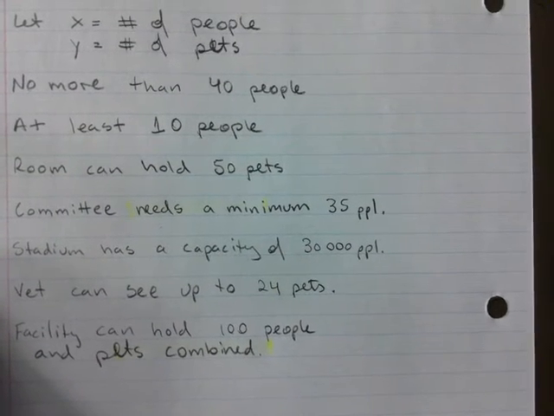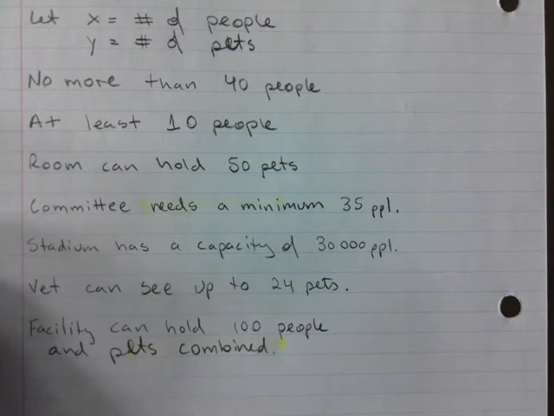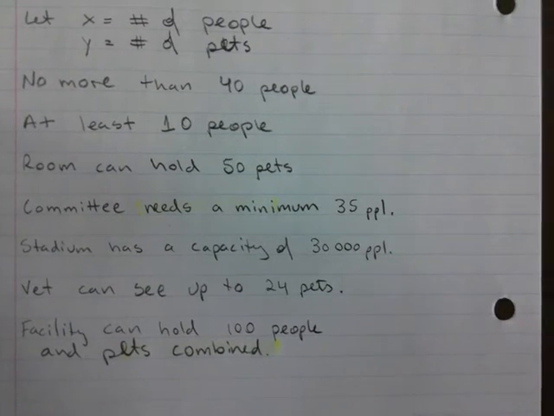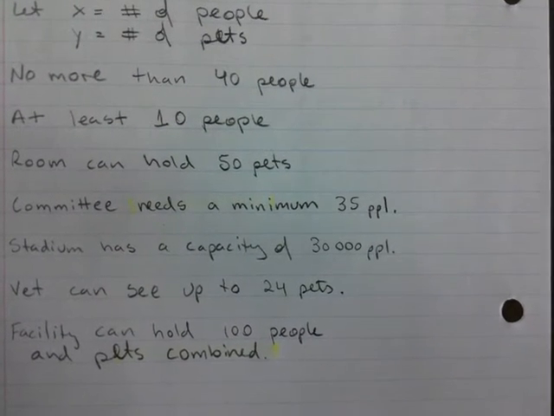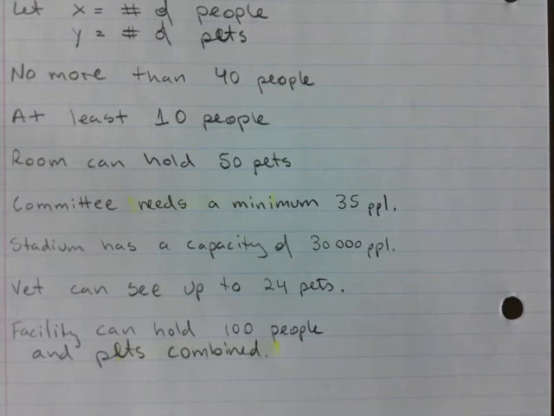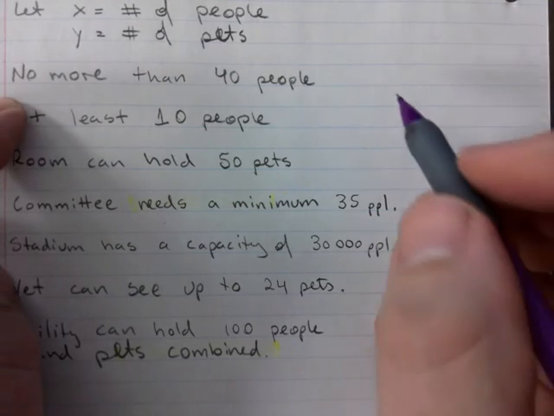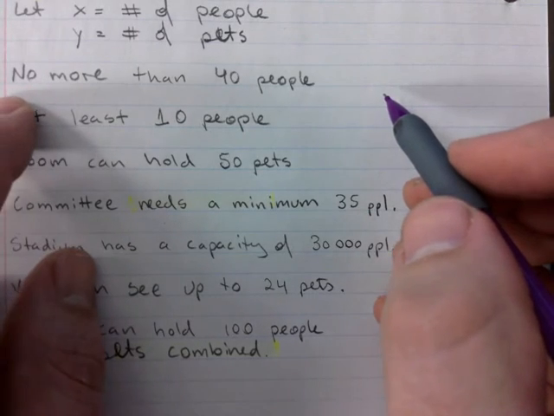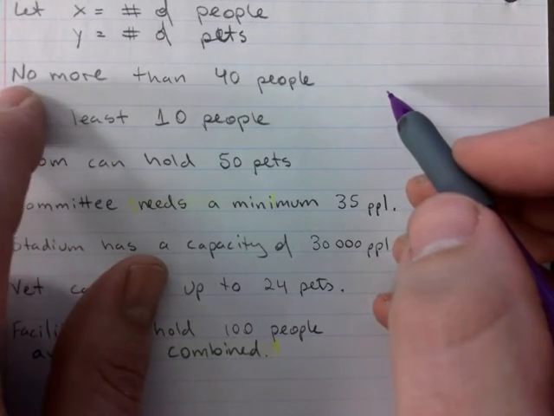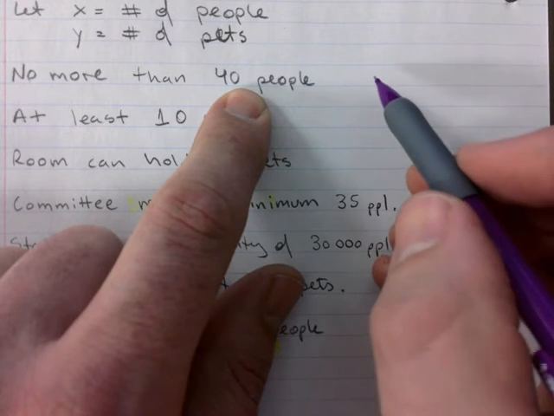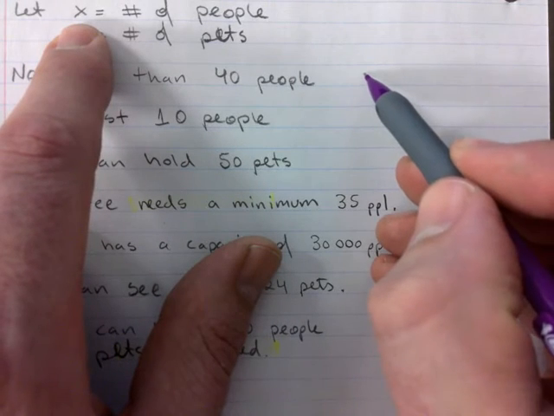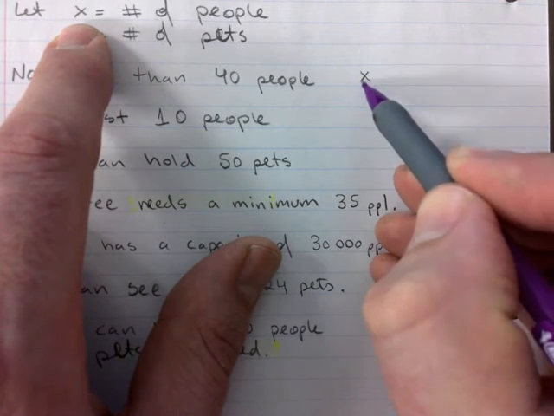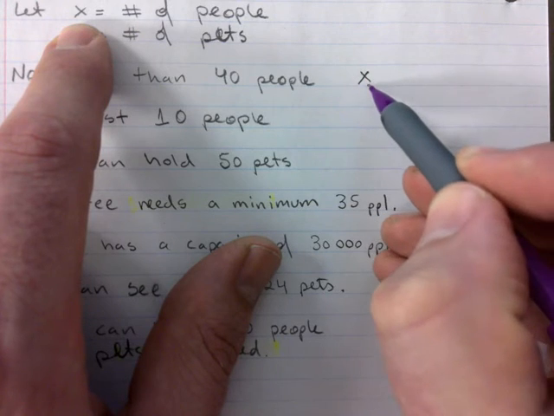So let's go back up here. Zoom in just a little bit more. Good. Let's write inequalities, and this is just getting you started and warmed up. Okay. So if a room or a place can have no more than 40 people, and in this case, X represents our number of people, we need to start our statement with number of people.